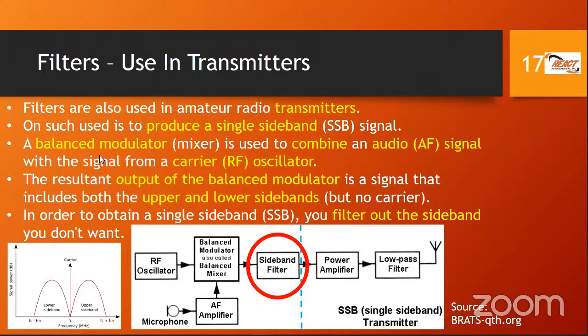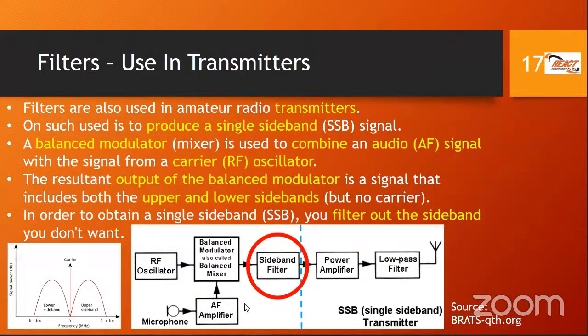In the circuitry, we have what is called a balanced modulator. It's also referred to as a mixer, sometimes called a balanced mixer. That balanced modulator is used to combine the audio signal with a carrier signal that is produced by an oscillator. If we look at the diagram just below here, we will see our trusty balanced modulator, also known as a mixer, taking an audio signal or audio frequency.